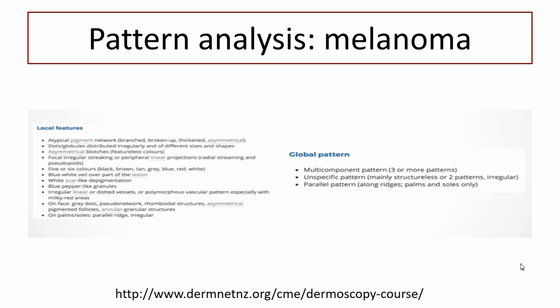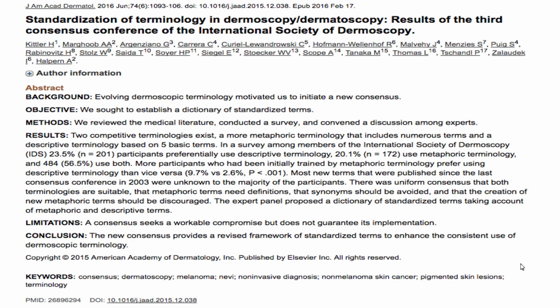So when we're talking about a melanoma, we've got a longer list of things to look for, and we're expecting the global pattern to have 3 or more structures in most cases. So the consensus conference in 2016 compared these two methods and asked hundreds of dermatologists and others, so primary care dermoscopists as well, to say which of the 300 terms were known to them.